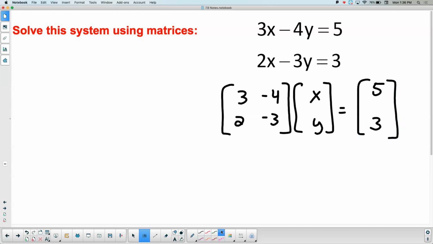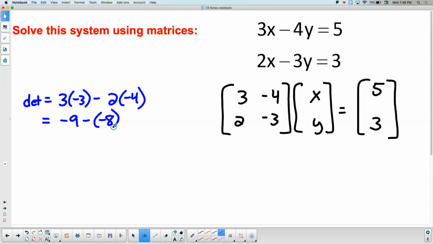Then I'd go over here and I would say, all right, so my determinant is 3 times negative 3 minus 2 times negative 4. Well, that's going to be negative 9 minus negative 8. So that's going to be negative 1.